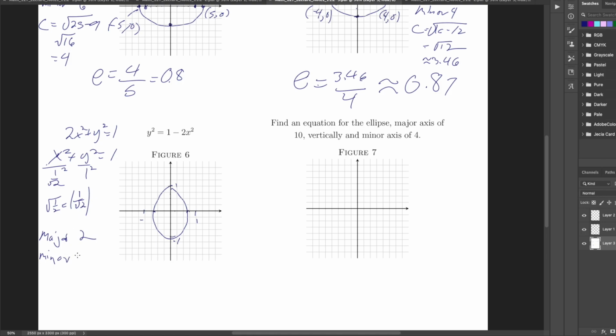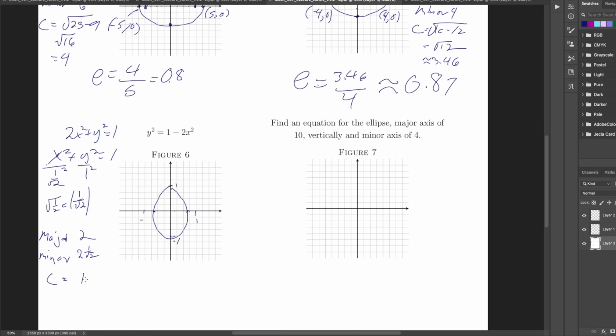So the minor would be 2 times 1 over the square root of 2. You could simplify this as 2 over square root 2, and then you just get square root of 2. This is fine.